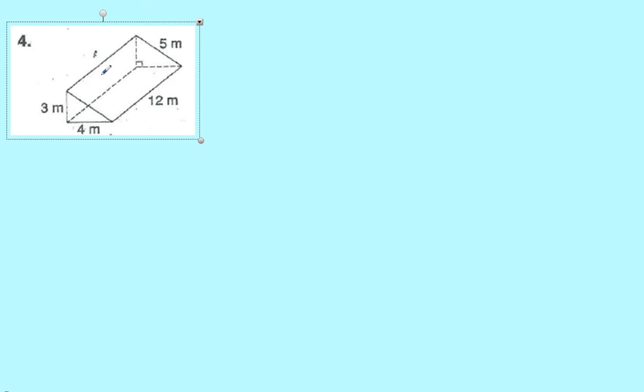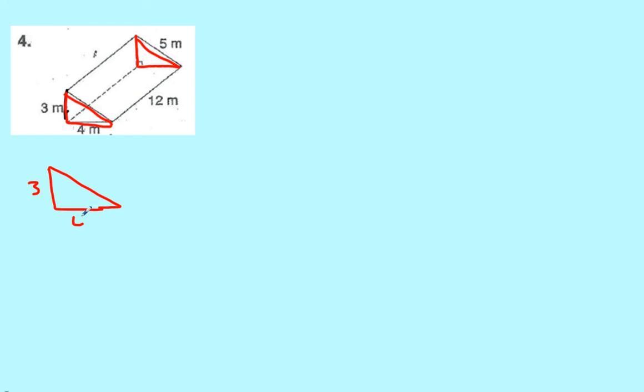So we see it's got two bases that are triangles, which makes this a triangular prism, which means it's going to have two bases, that are these triangles here that are 3 by 4 by 5. We can draw this one separate, and we can find the area of this. And this part's not so bad.